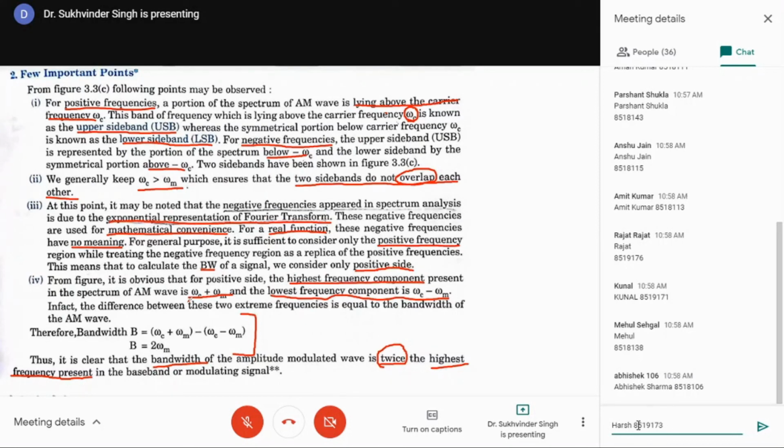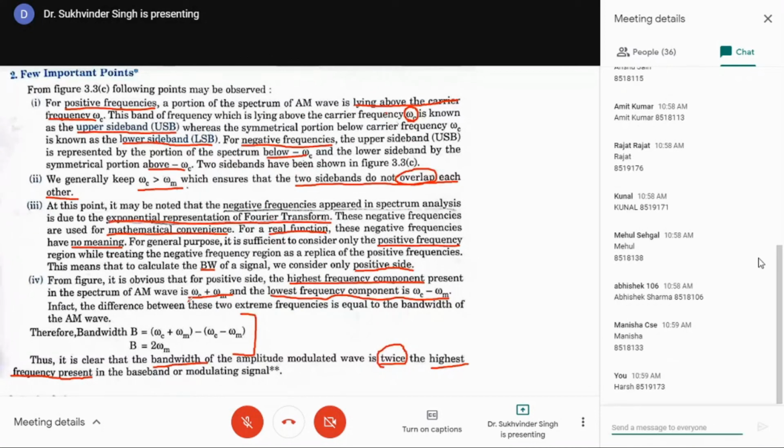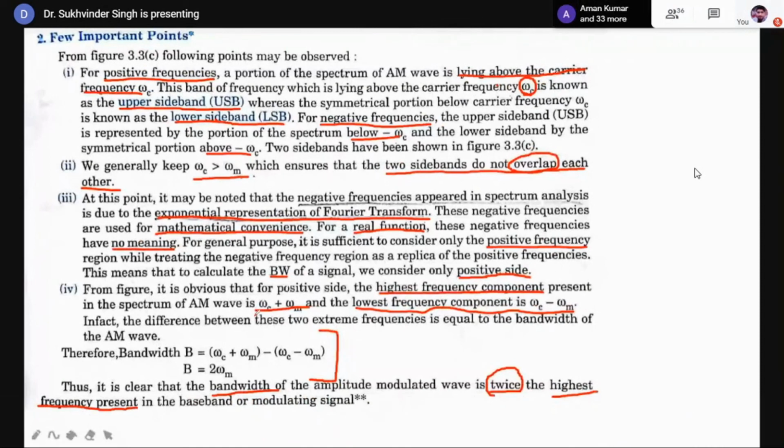Here the higher frequency component is omega c plus omega m and the lower frequency component is omega c minus omega m. Subtracting the lower from the higher, we obtain the bandwidth of the amplitude modulated wave as twice omega m. So the bandwidth of the amplitude modulated wave is twice the highest frequency present in the baseband or modulating signal.